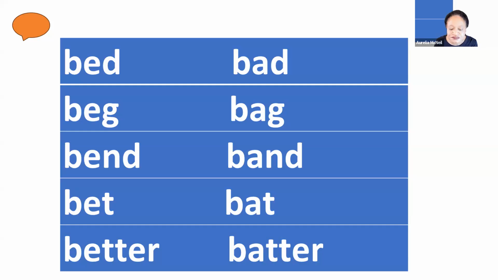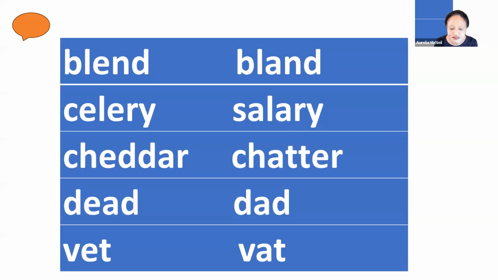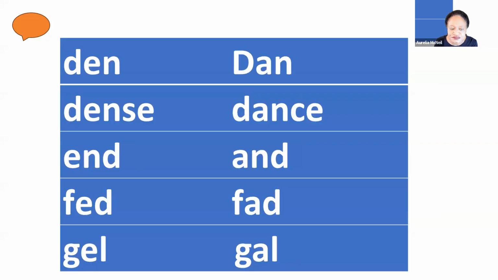Okay, now it's your turn to practice. Let me share my screen with you. Okay, now I want you to repeat after me. So listen first and then repeat, imitate how I say it.